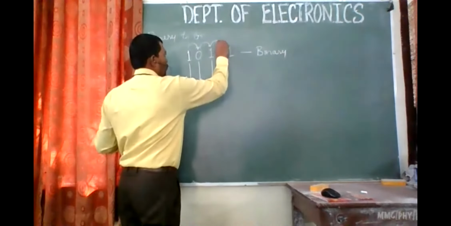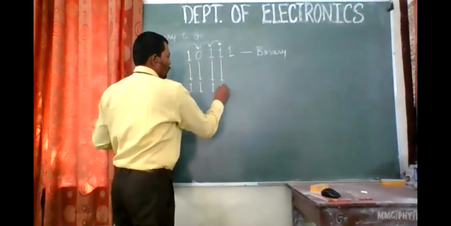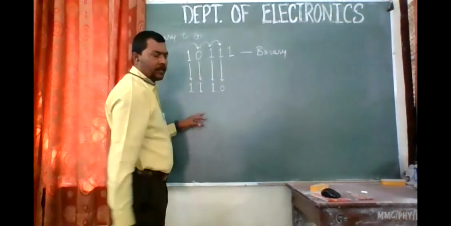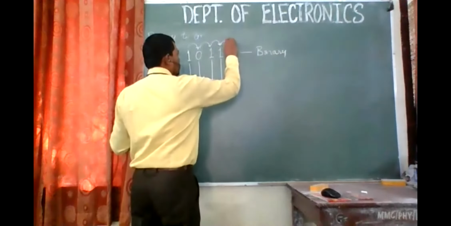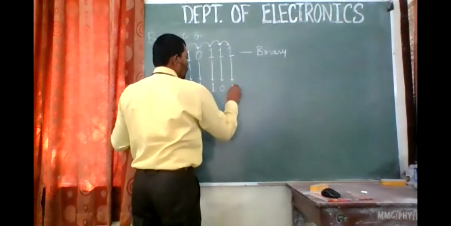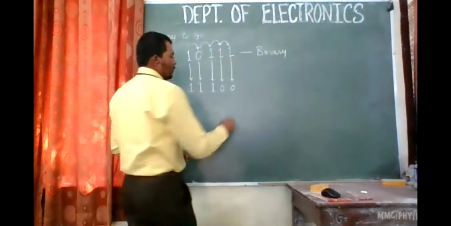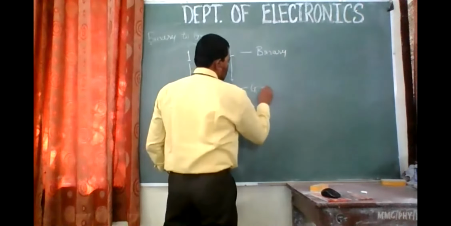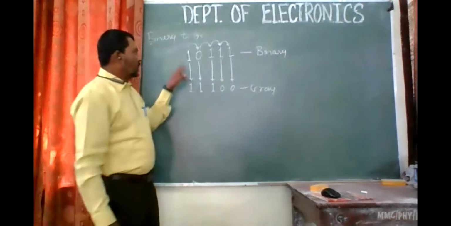Then 1 plus 1 will give you 0 with a carry 1, so I am writing 0 and neglecting the carry. And last, 1 plus 1 gives 0 again with a carry 1. So the gray number is 11100.